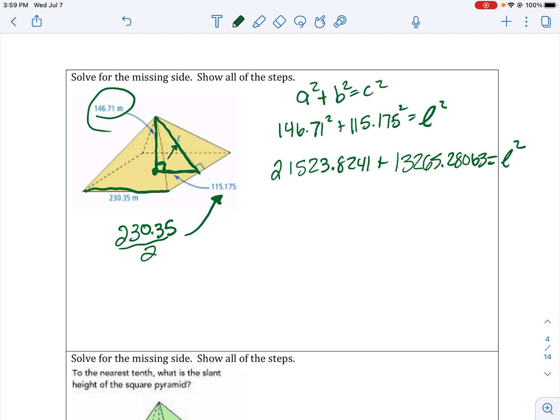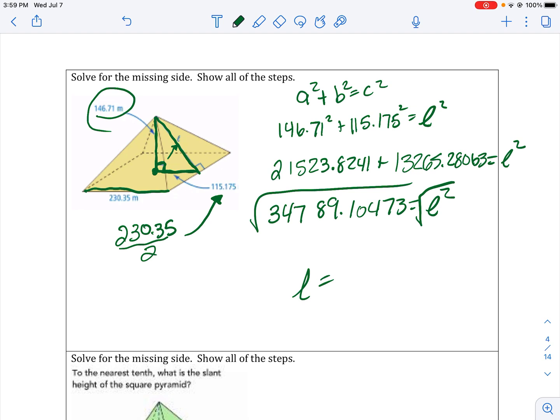Now let's combine our like terms. And I get this big long number. Now I need to do the inverse operation of squaring to get the slant height all by itself.